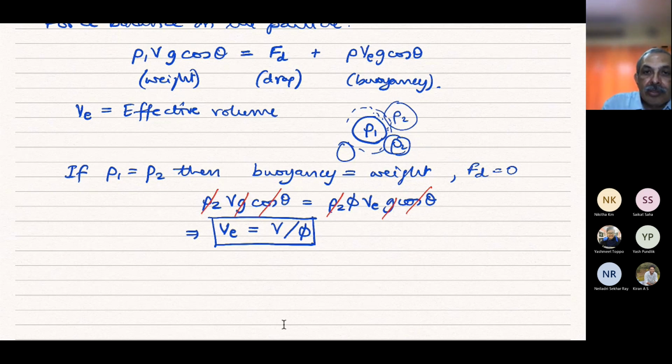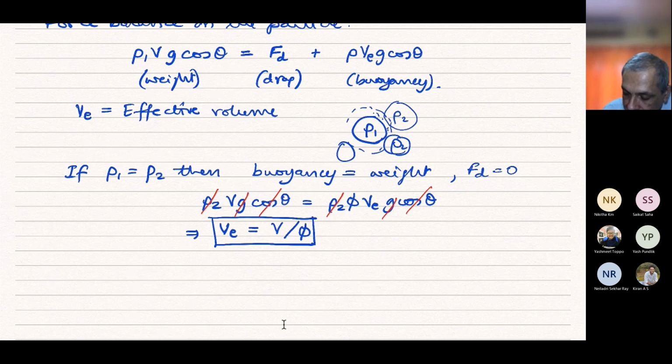And so from this, if we knew what is the drag force, we can easily find out the velocity v1.